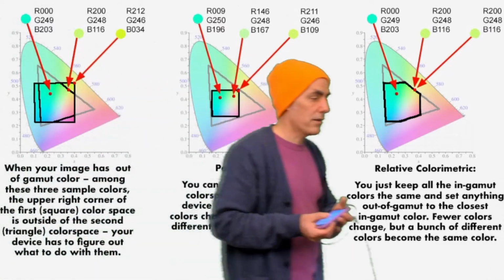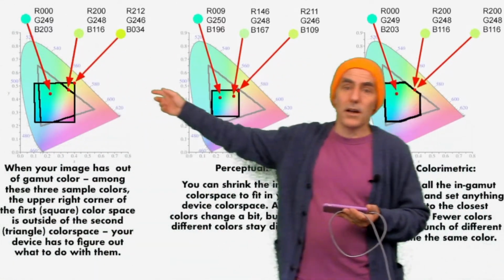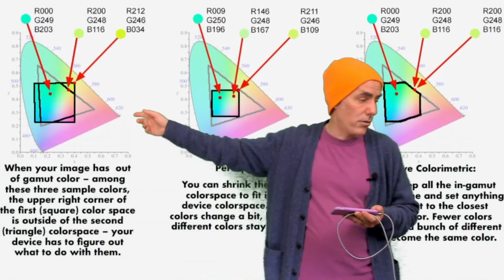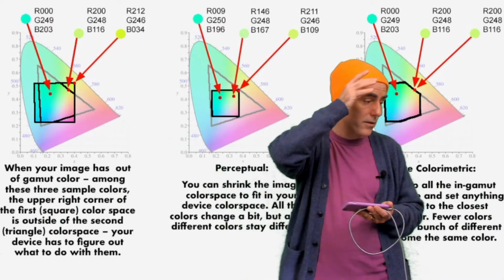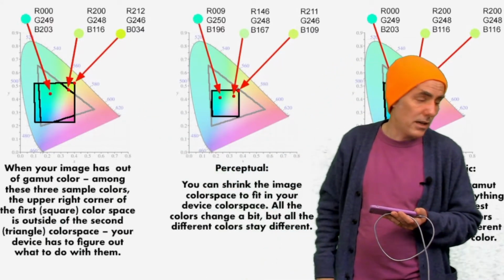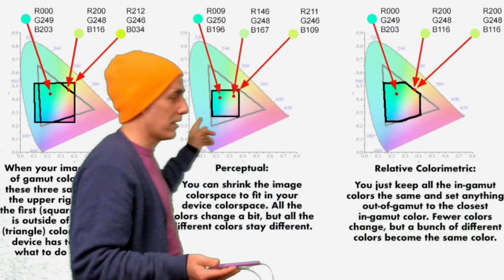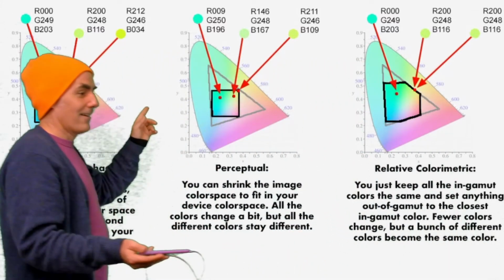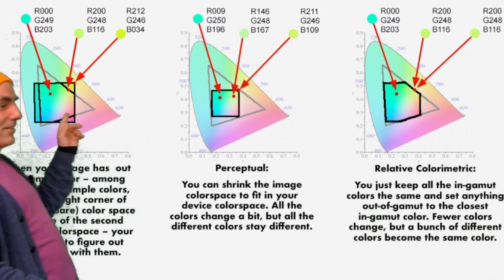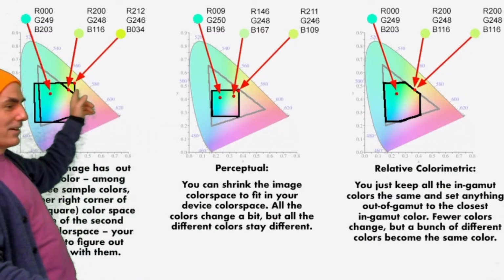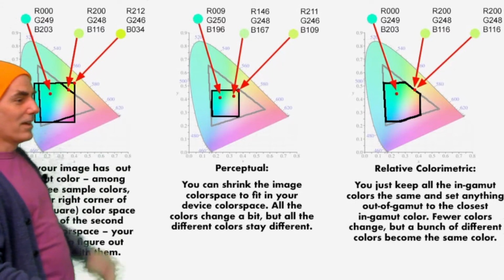So the first thing, here is our problem that we had. We have an image where there is out of gamut color, and I've chosen three arbitrary points. There, color over there, and color over there.